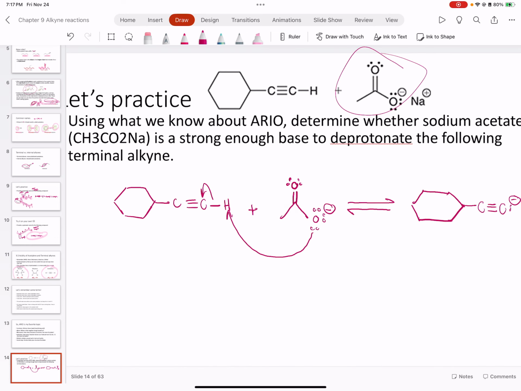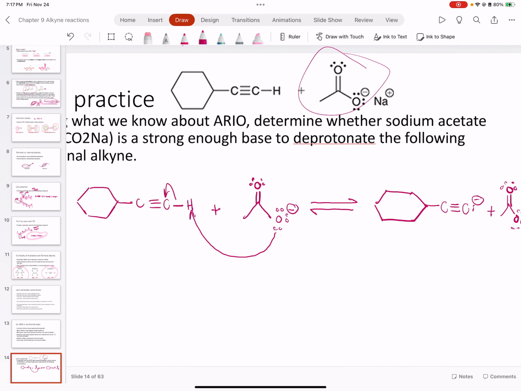Okay. So then let's see, we have to determine which ones are base and which are acid. This one is gonna be my base and this one's gonna be my acid.